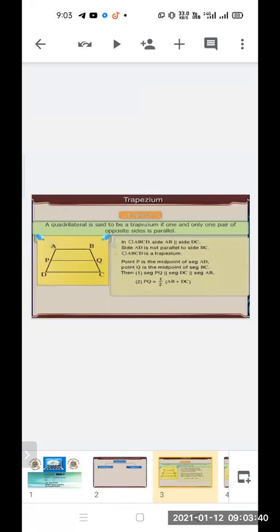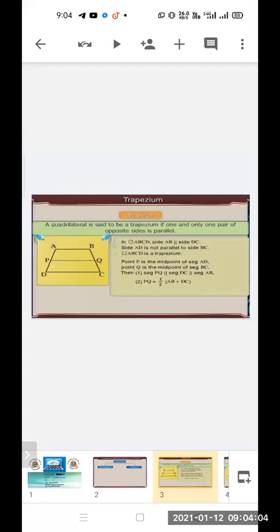Here you can see point P is the midpoint of segment AD, and point Q is the midpoint of segment BC. Segment PQ is parallel to segment DC. Therefore, DC is parallel to AB.